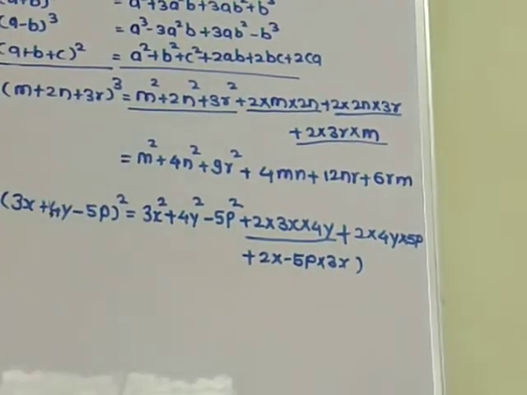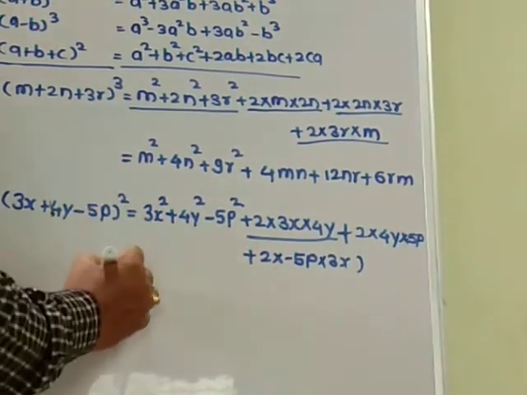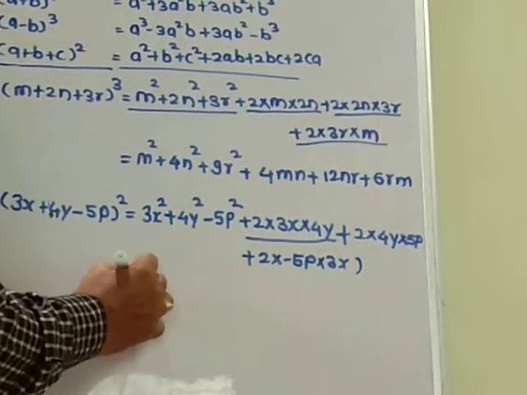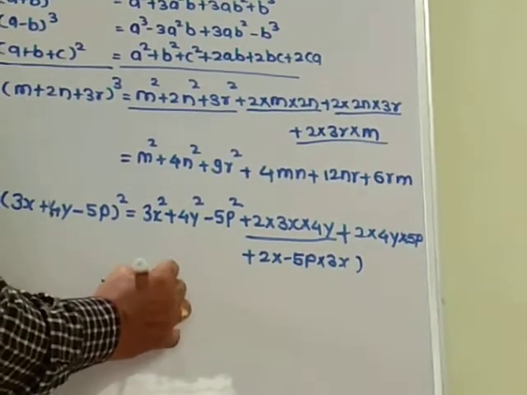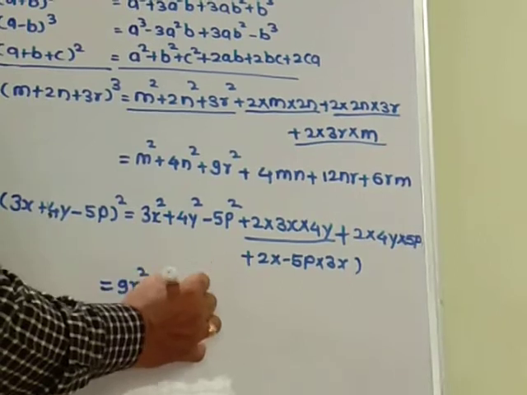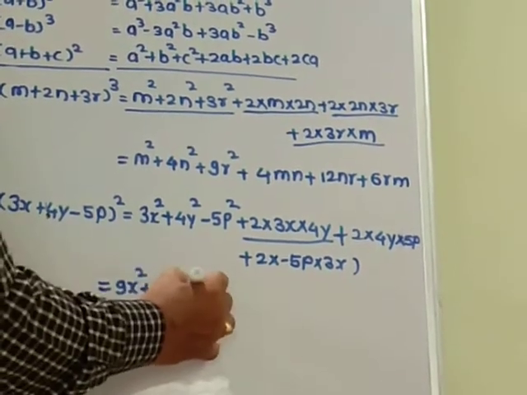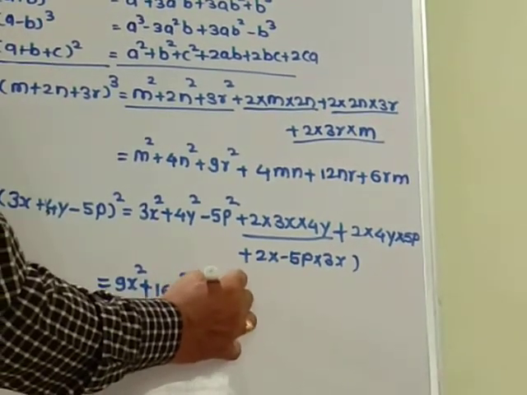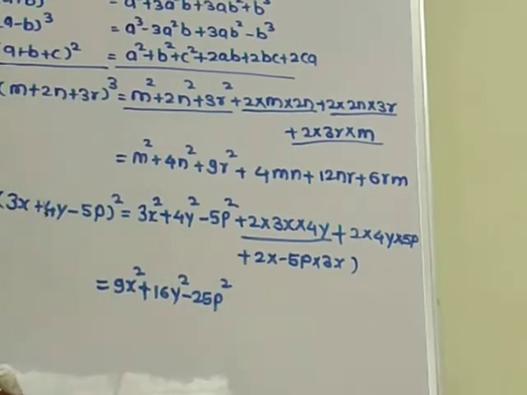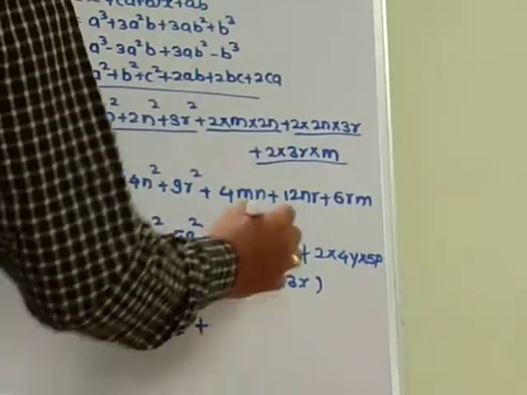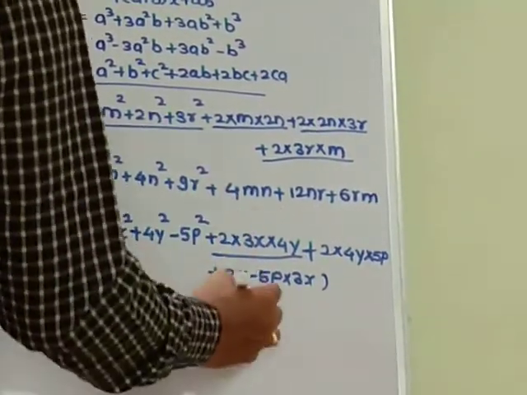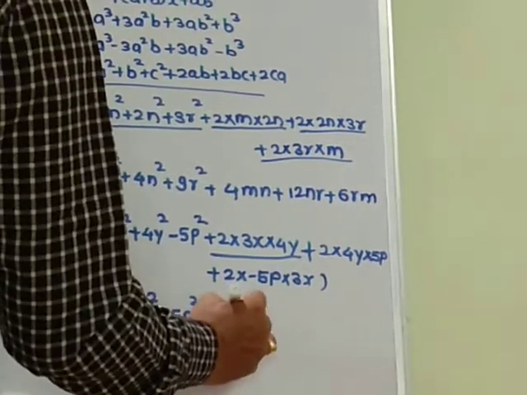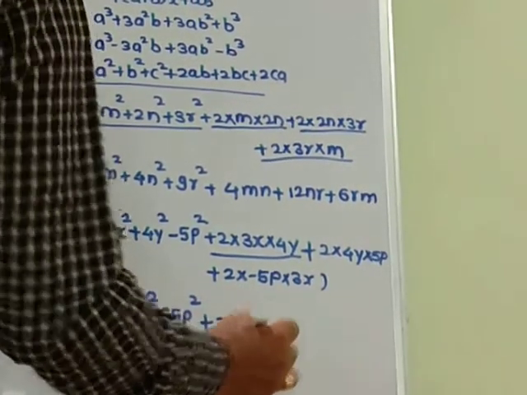Okay, then the solution of this: 3 square 9x square plus 16y square plus 25p square plus 4 3s are 12, 12 into 2, 24xy. Right?